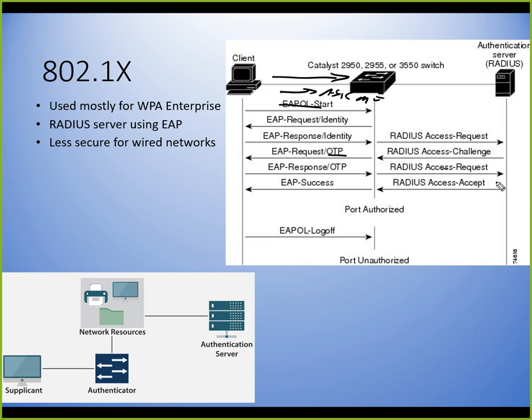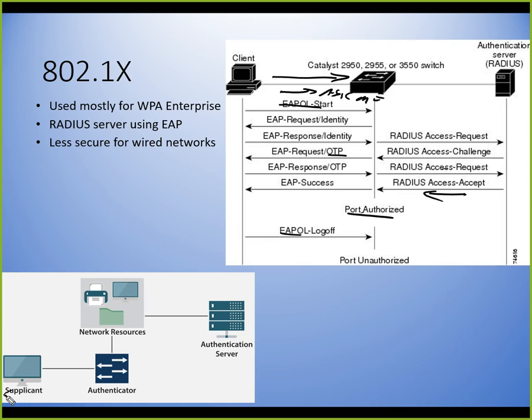The access request, and then we get either an accept or a deny. Once that happens, the port is authorized. Or if we're doing a wireless access point, then we get access to the wireless access point or the wireless router. When we get done, the EAPOL, Extensible Authentication over LAN, logoff, and then the port becomes unauthorized when we log off.